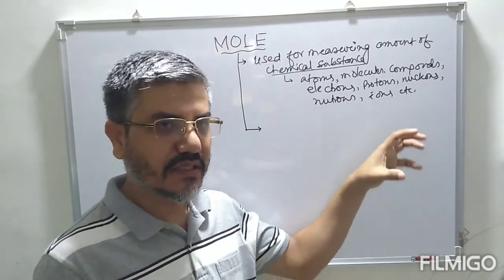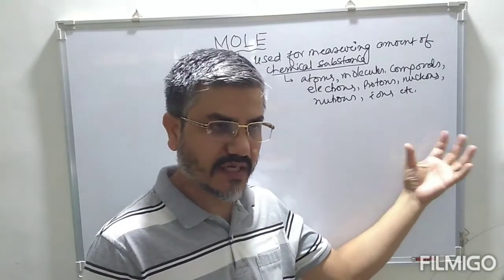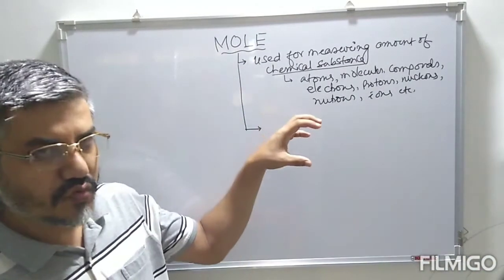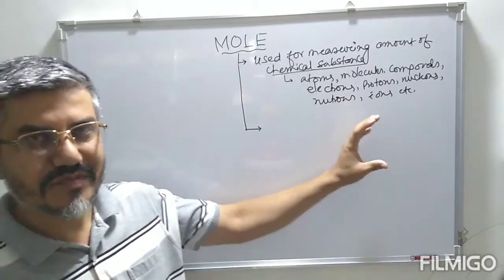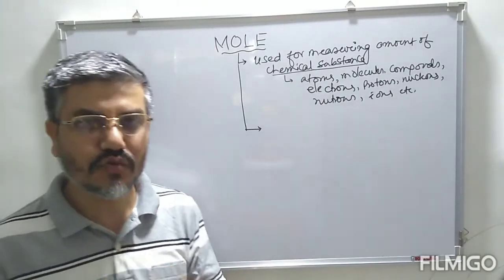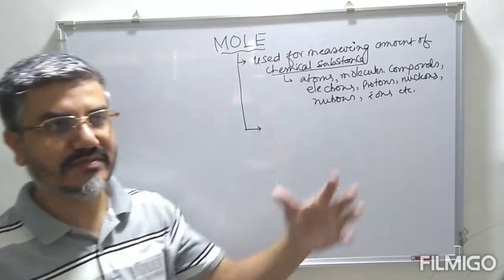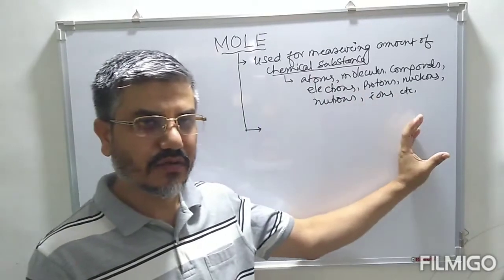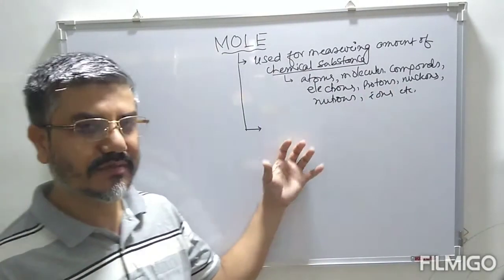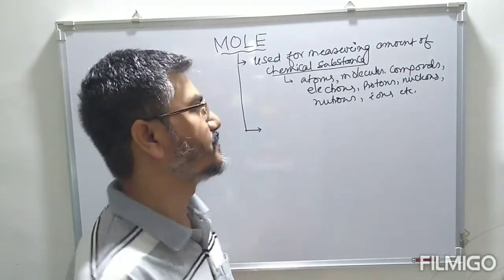That means the mass of carbon is measured as 12 gram, that is gram atomic mass. These 12 gram were found to contain 6.02 into 10 to the power 23 atoms, that we define as 1 gram atom. So 1 gram atom contains Avogadro number, that is 6.02 into 10 to the power 23.